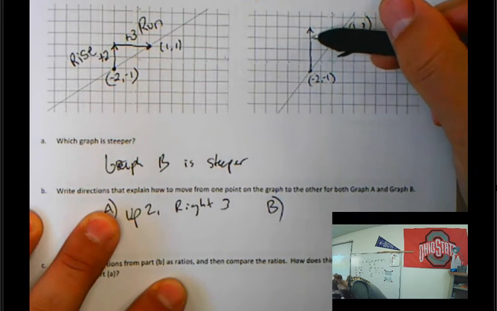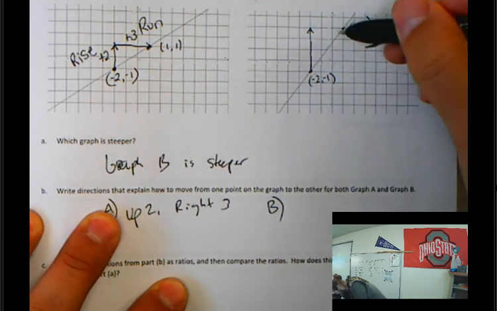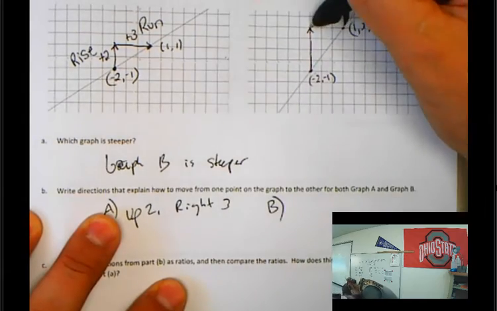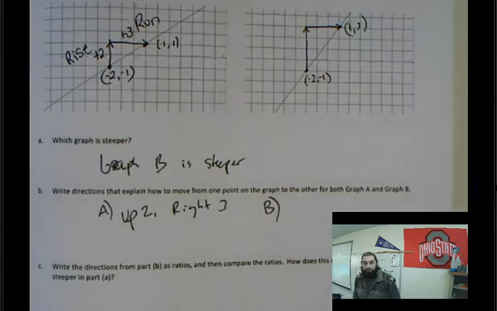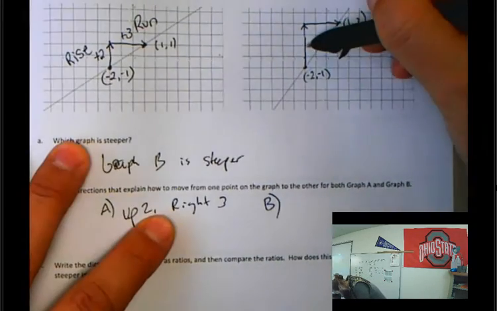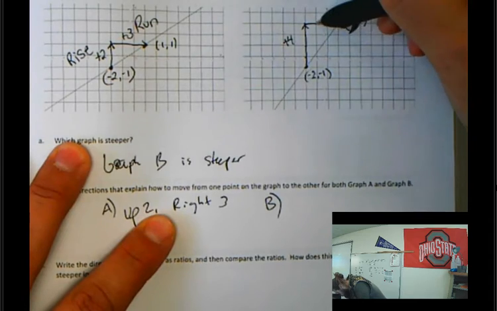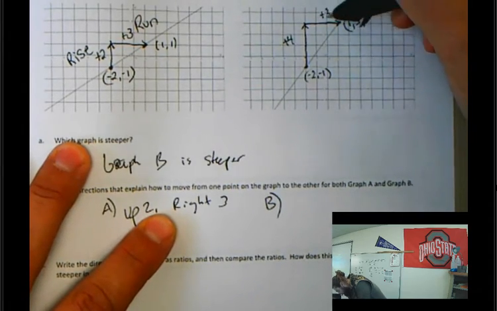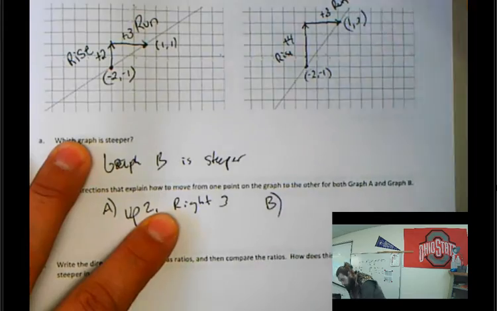We're going up 4, and then we're going 1, 2, 3 to the right. So we've got an increase of +4, and then we're going to the right +3. This again is also our rise. This again is also our run.